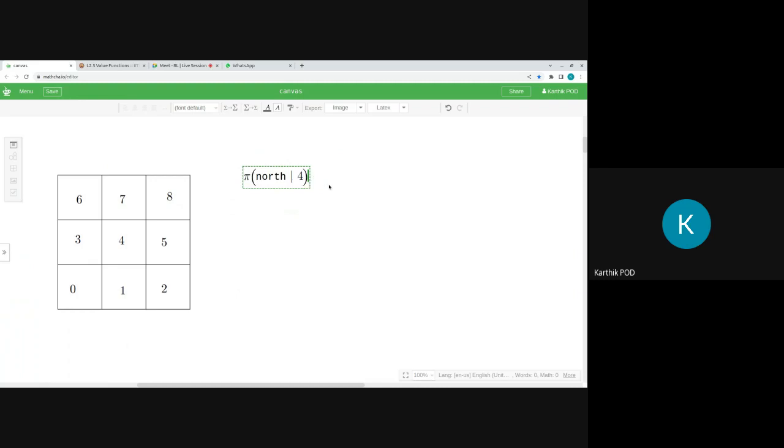Could be say 0.2. So north is 0.2, east is maybe 0.6, and west could be 0.1. What does that leave us with for south? South has to be 0.1, right?